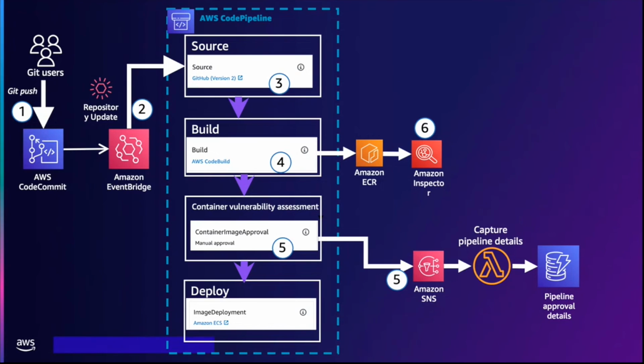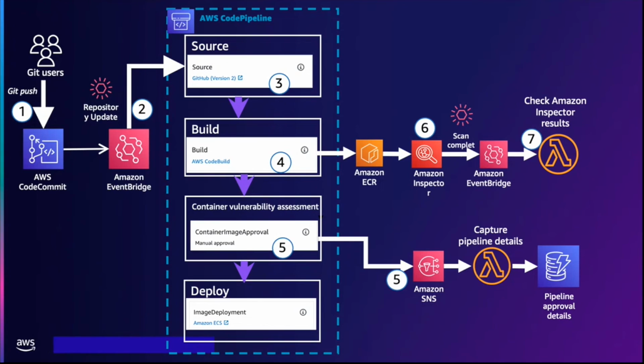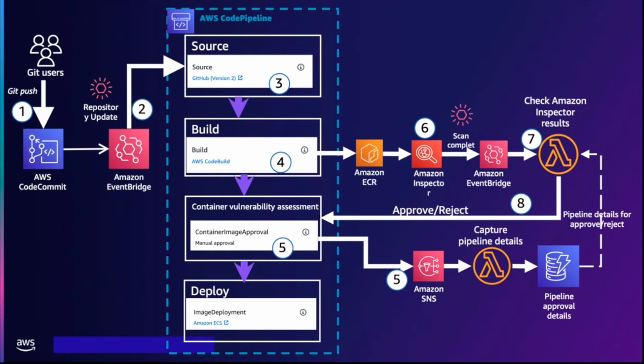And then the sixth step is the integration with Amazon Inspector, which will trigger a Lambda function, and this pipeline may integrate with Amazon Inspector to determine whether or not you're going to approve this new image from the security perspective.